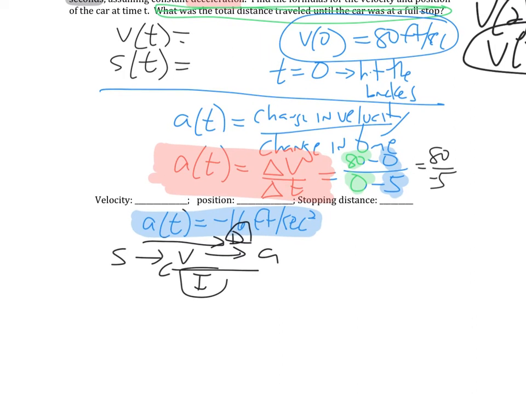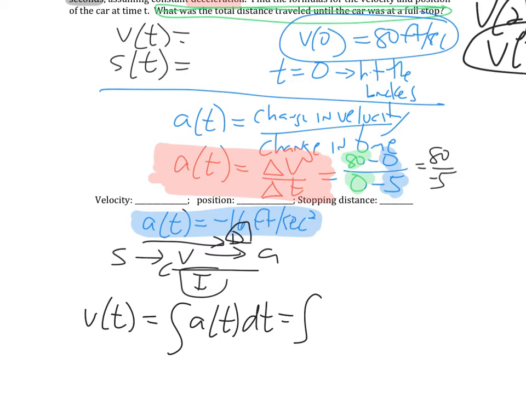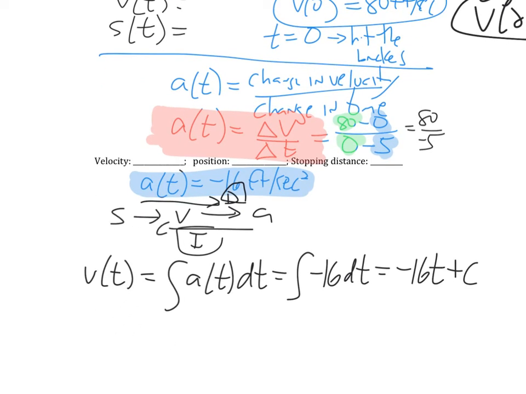Here I have the acceleration. So the velocity, v of t, is equal to the integral of the acceleration, a of t dt. So the integral of negative 16 dt, or negative 16t plus a constant. So here our velocity, v of t, is equal to negative 16t plus c.